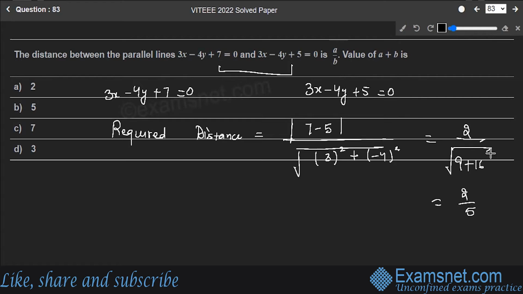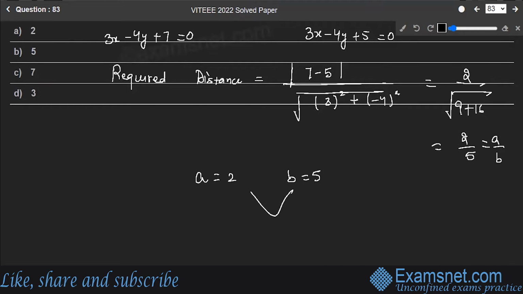It's given that this is equal to a upon b. A is equal to 2, b is equal to 5, a plus b is equal to 7. That makes option C the correct answer.